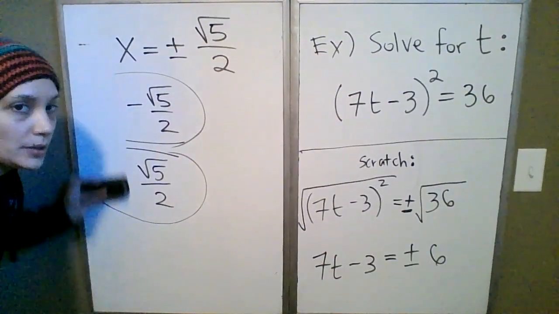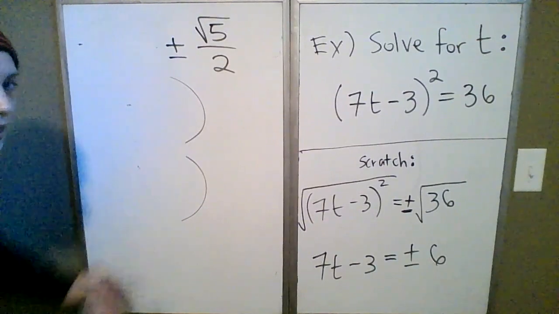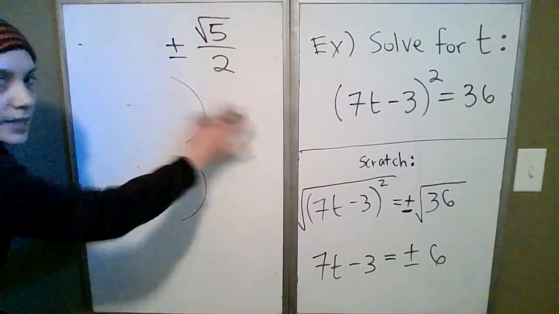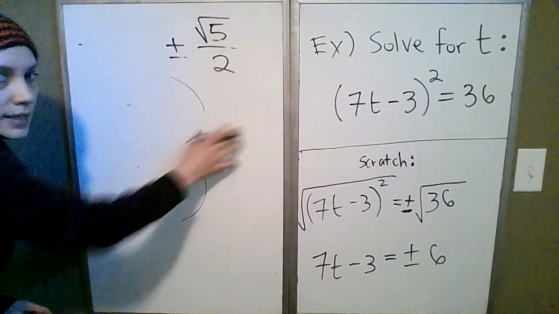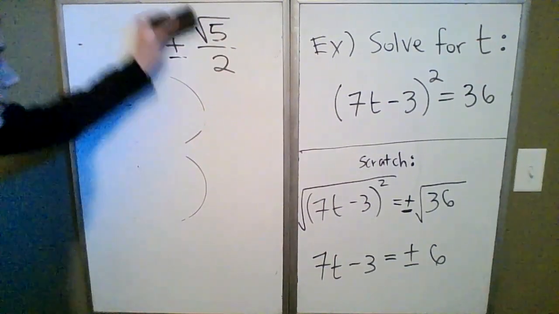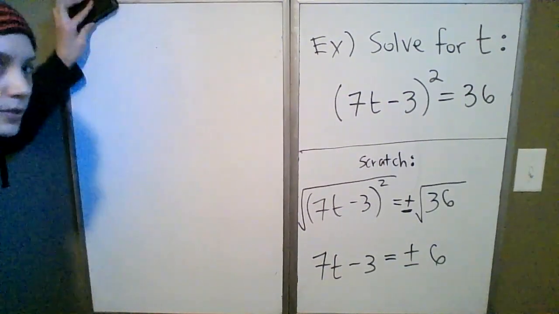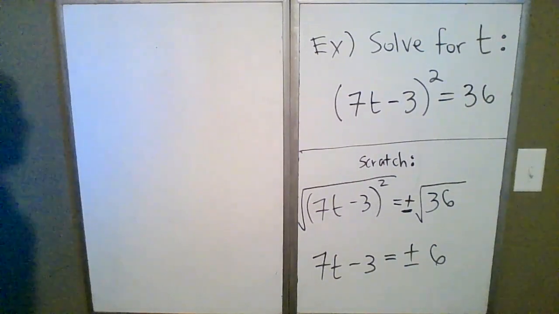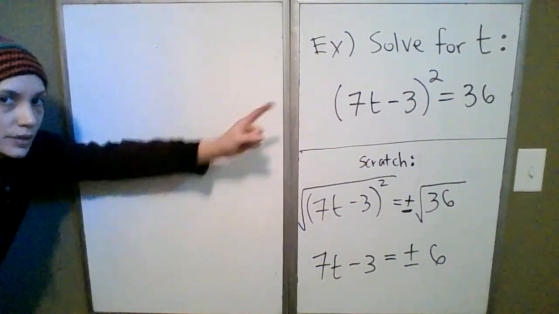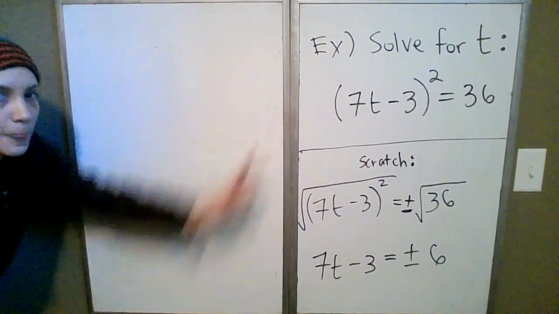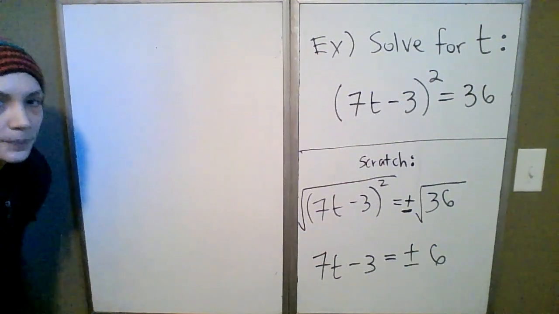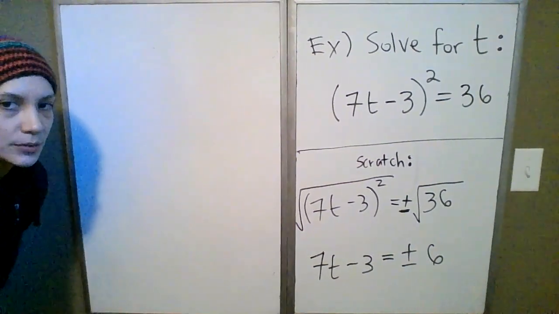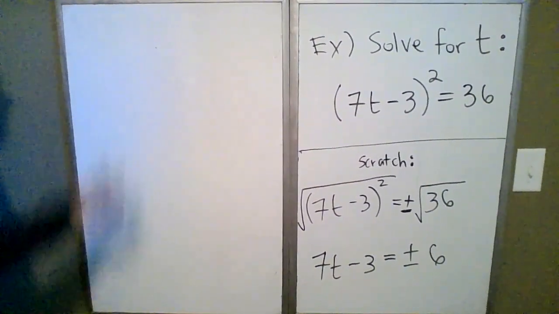Okay, so I have 2 equations to work on. Usually, if I had scratch paper, I would do them side by side, but we'll do one and then the other. And I only need to get those 2 solutions for t. Okay, so either 7t minus 3 is equal to negative 6.